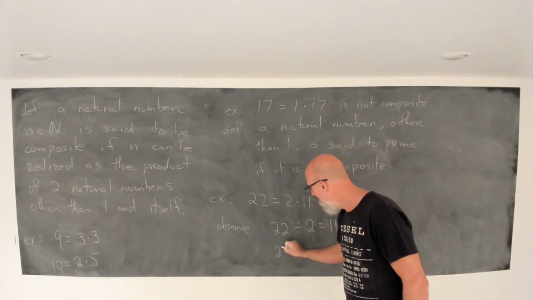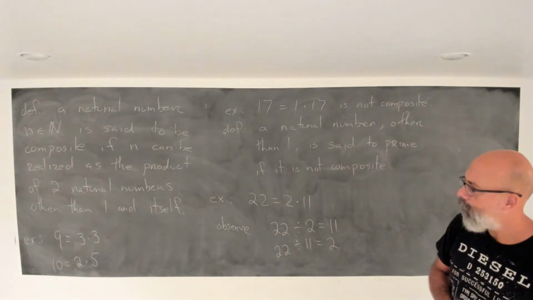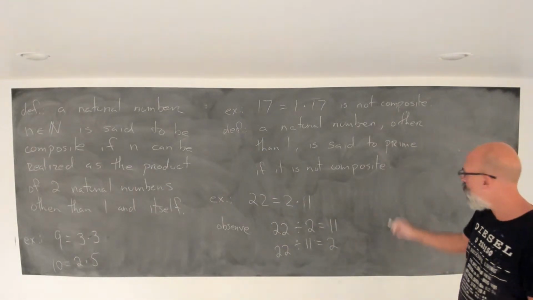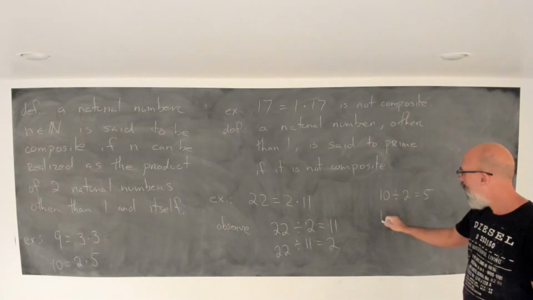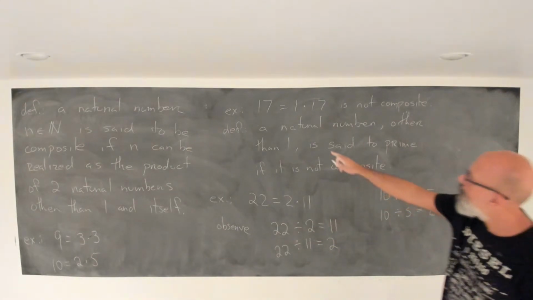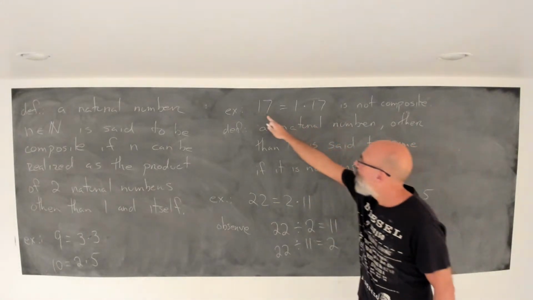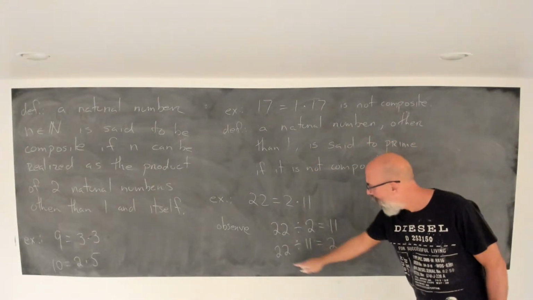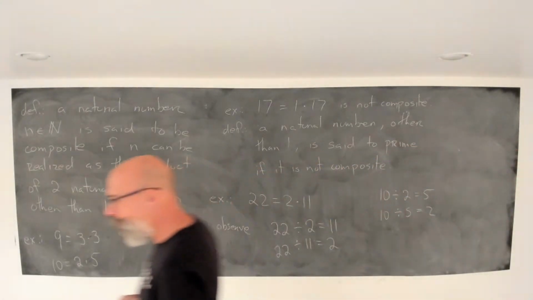And similarly, 22 divided by 11 is 2. In the same way, 10, which was a composite number, 10 divided by 2 is 5, and 10 divided by 5 is 2. Where am I going with this? As opposed to 17, where that doesn't occur. The only numbers that divide 17 are 1 and itself, as opposed to composite numbers, where you might have other divisors.